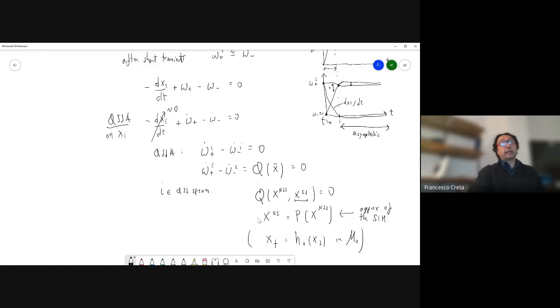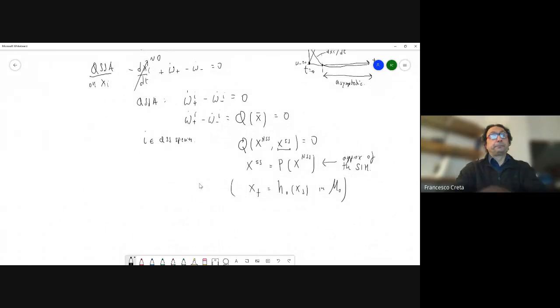And this is what you get, X, the steady state species as a function of the non-steady state. So now, essentially, part of your differential system has been turned into an algebraic system, exactly like we know how to do in singularly perturbed systems, okay? Fine.